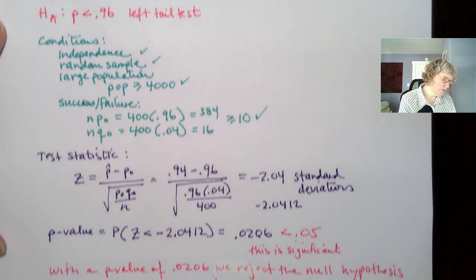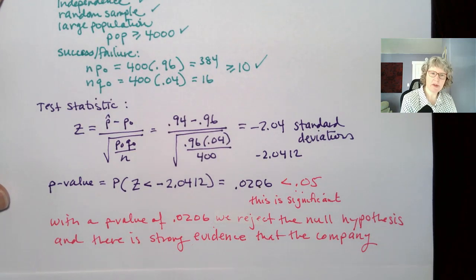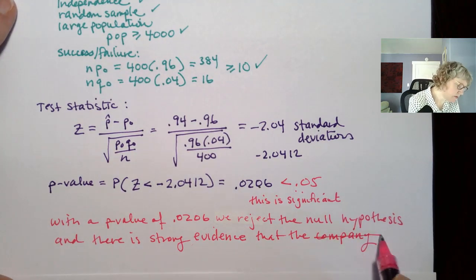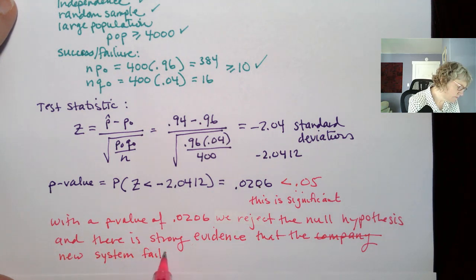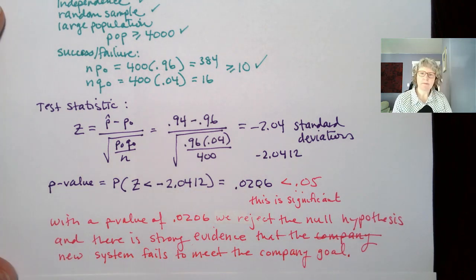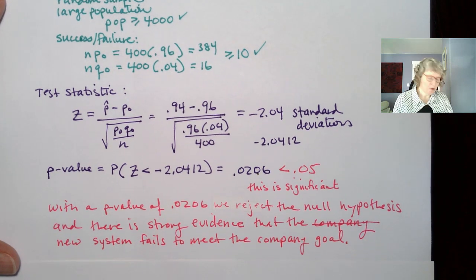Okay, so let's see evidence that I'm going to change this to new system, that the new system fails to meet the company goal. Okay, great. So that is our hypothesis test.